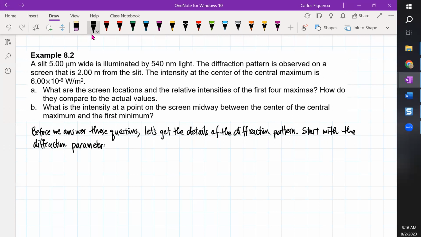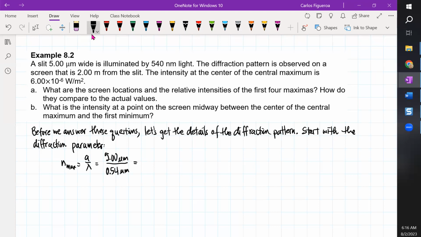And what we see here is that N max is going to be a over lambda. So if I start to put my values in, this is going to be 5 microns divided by, and remember, I'm converting the wavelength of light into microns, 0.54 microns.